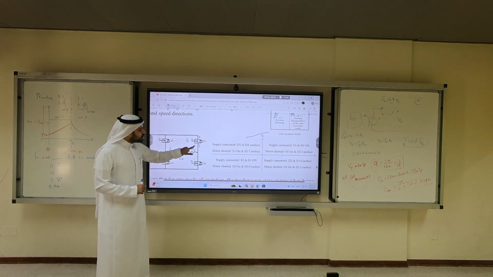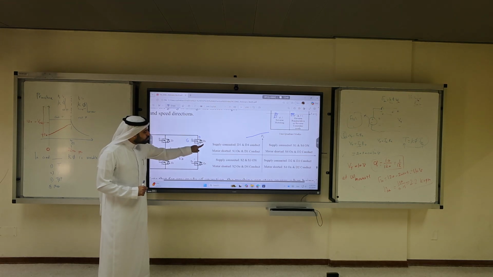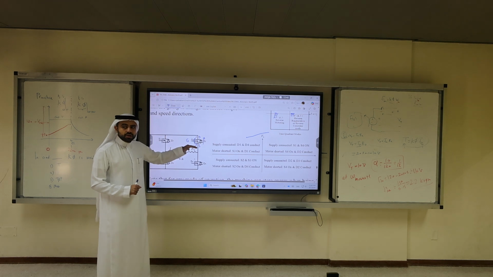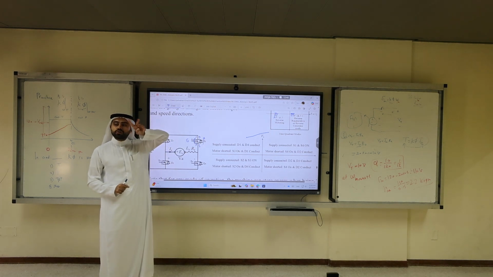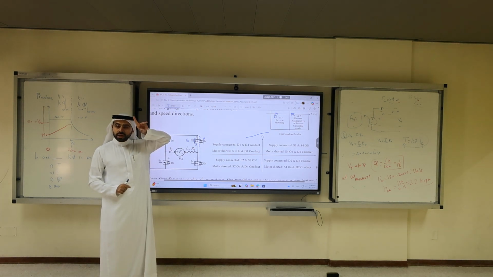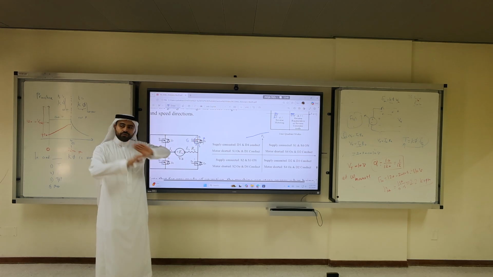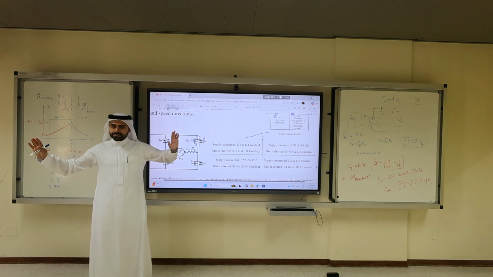This is the gate. So D3 would ensure current is flowing this way. What's the purpose of the MOSFET? Control. It controls and ensures the current flows from drain to source. So now we have a two-way control of the flow of current. If both of them are off, no current is flowing.